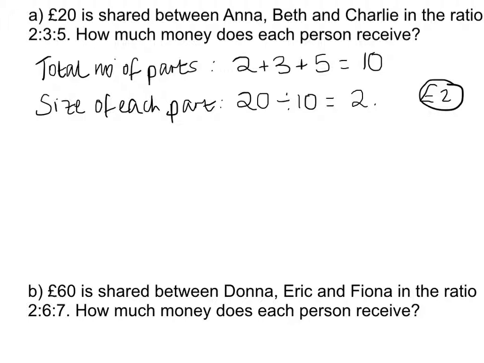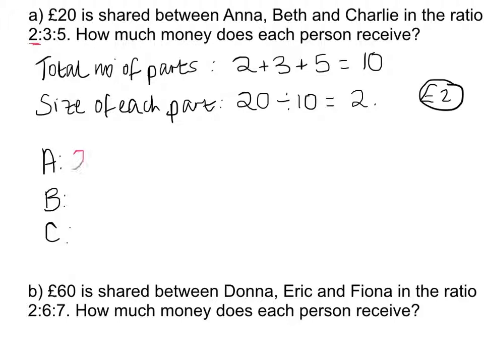I now need to work out how much does Anna get, how much does Beth get, and how much does Charlie get. So if you think about this logically, Anna gets 2 parts, and each part is worth £2.